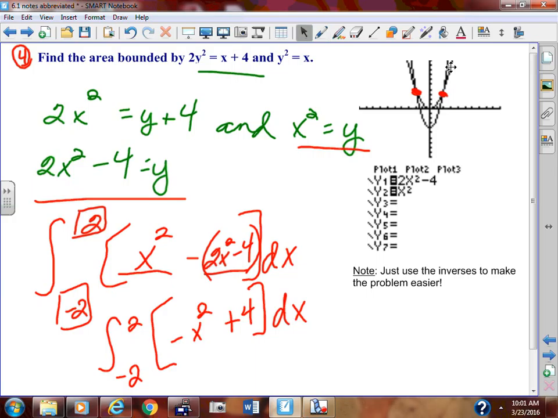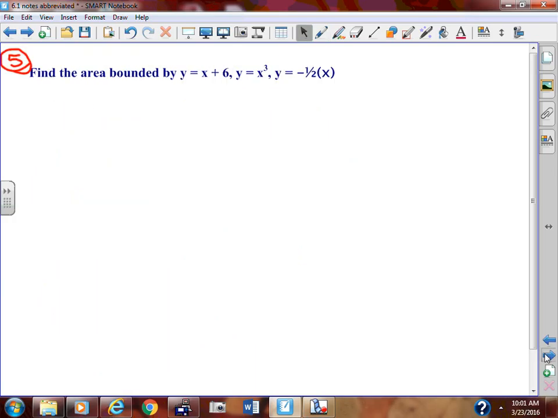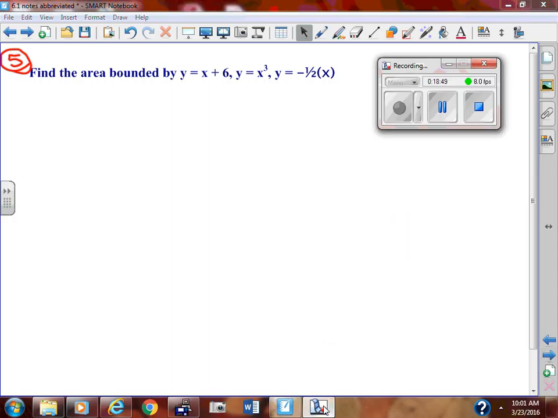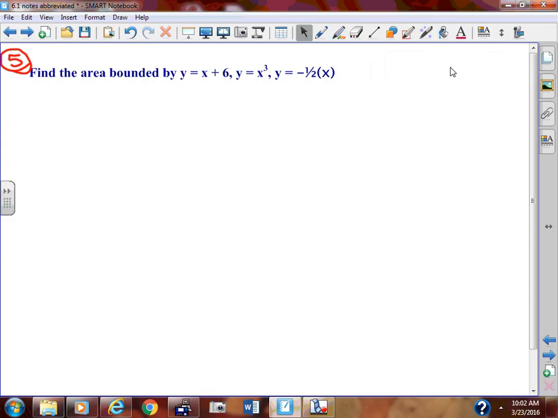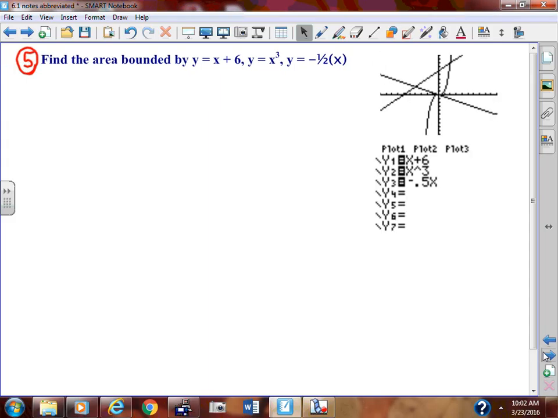All right, I want you to look at number 5 and see if you can get that one set up. Use your calculator to graph it first. Guys, when you graphed it, hopefully you have something that looks about like this.